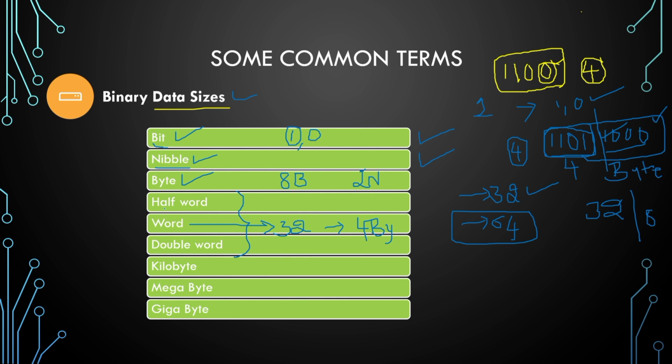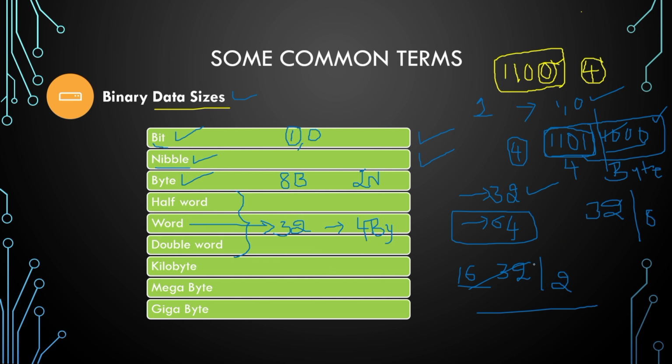What is half word? Whenever you take half of this word, either multiplying 32 by 1 by 2 or directly dividing 32 by 2, you will get half word. It is nothing but 16 bits or 2 bytes.